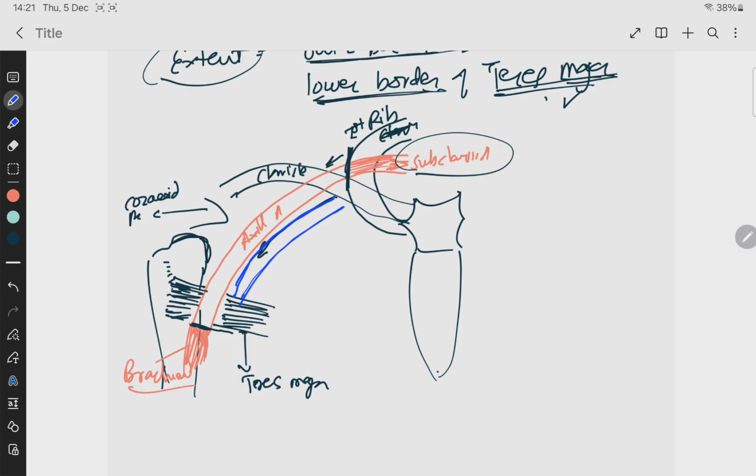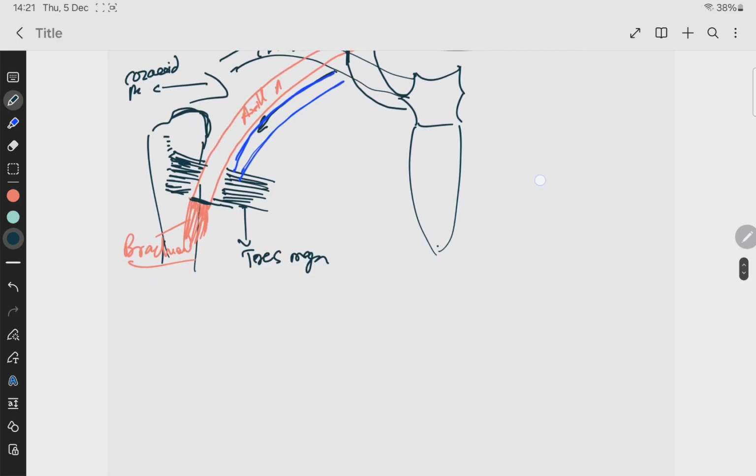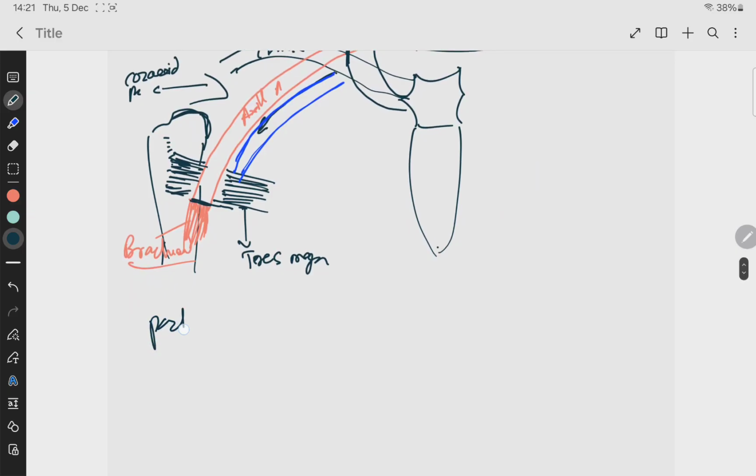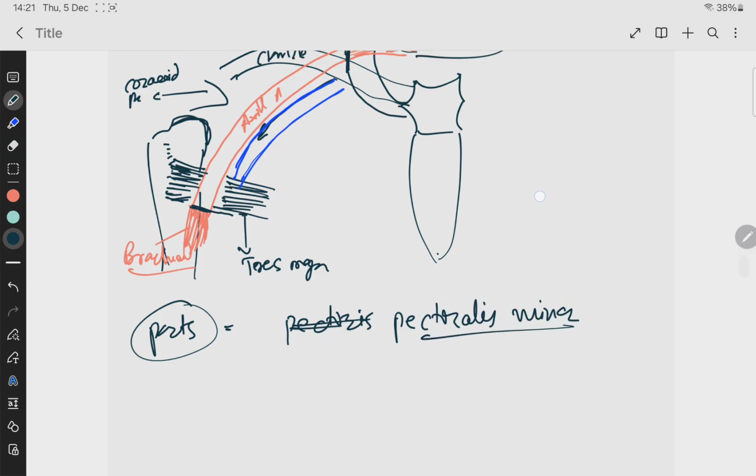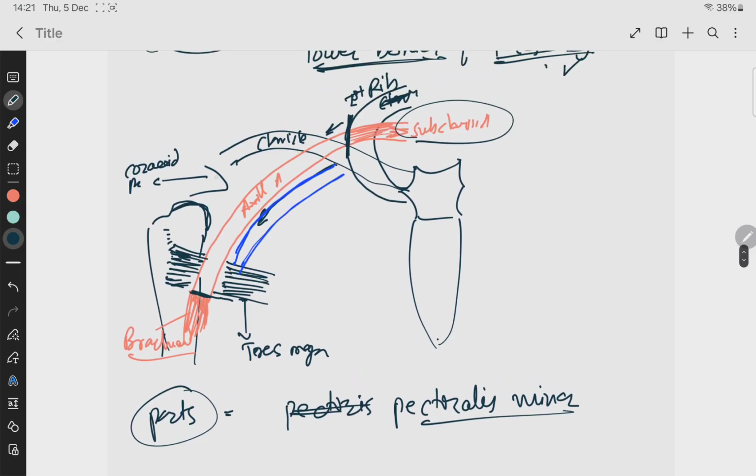Okay, clear? Now the parts of the axillary artery, how it is divided into different parts. The muscle which divides the axillary artery into three parts is the pectoralis minor muscle, which inserts on the coracoid process.